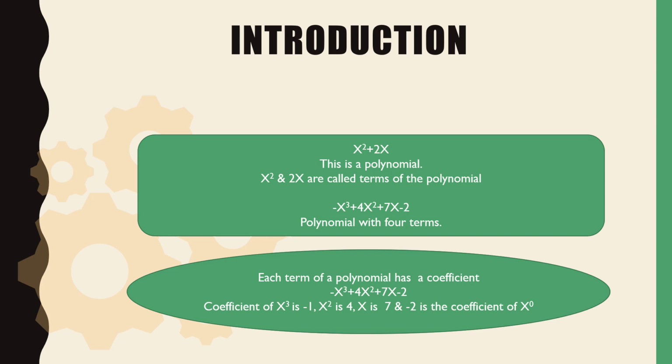Each term of a polynomial has a coefficient. For example, in minus x cube plus 4x square plus 7x minus 2, the coefficient of x cube is minus 1, x square is 4, x is 7, and minus 2 is the coefficient of x power 0.